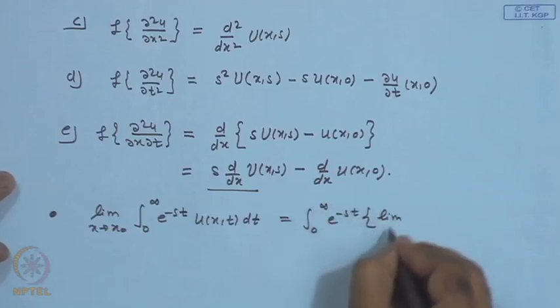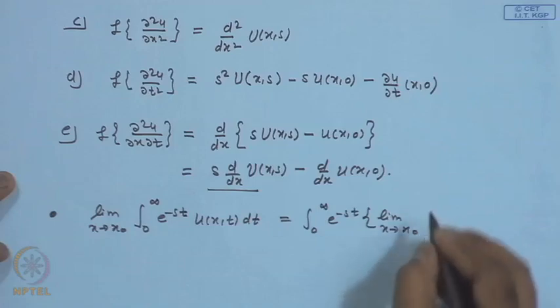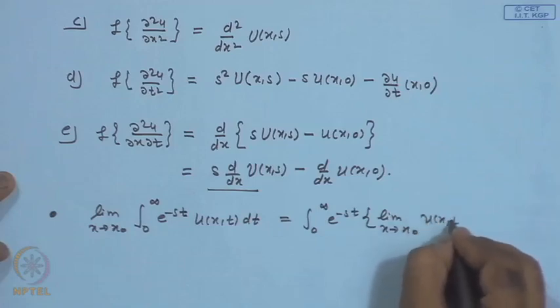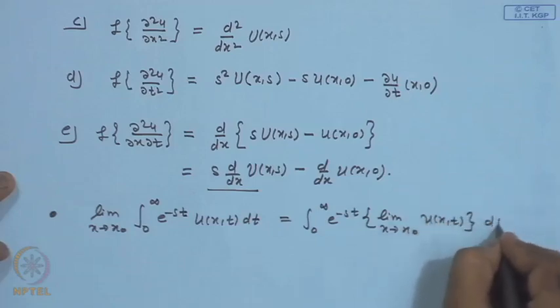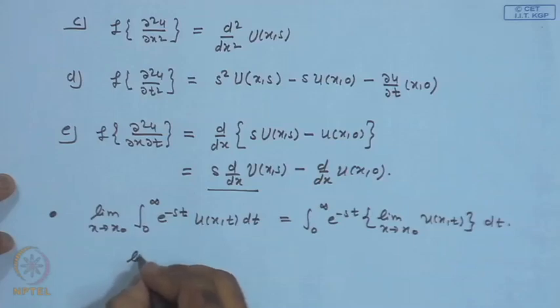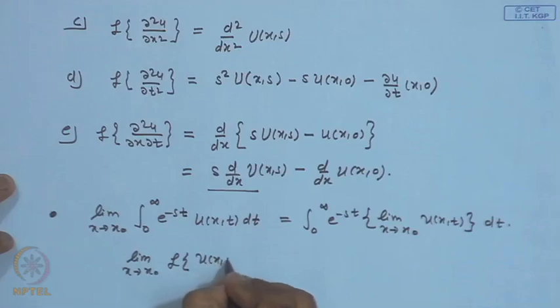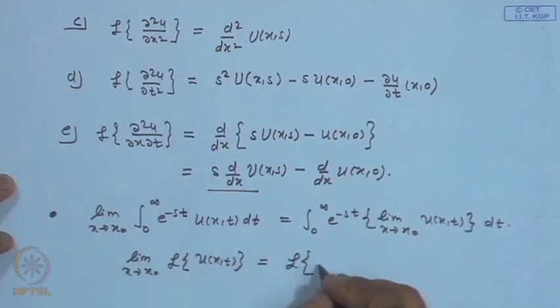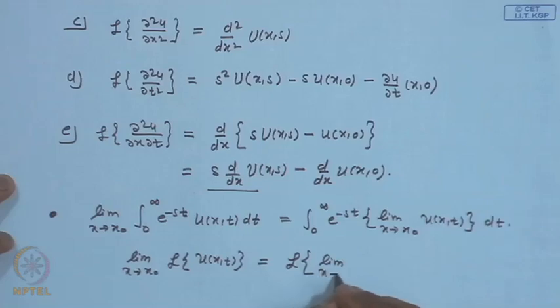That means the limit as x tends to x0 of the Laplace transform of u(x,t) will be equal to the Laplace transform of the limit, that is, the limit as x tends to x0 of u(x,t).